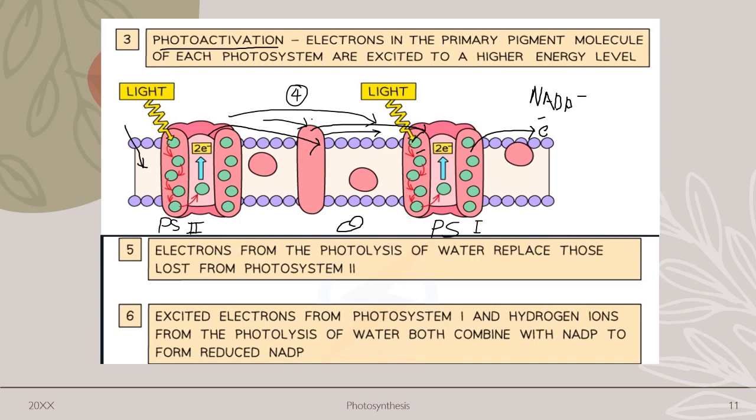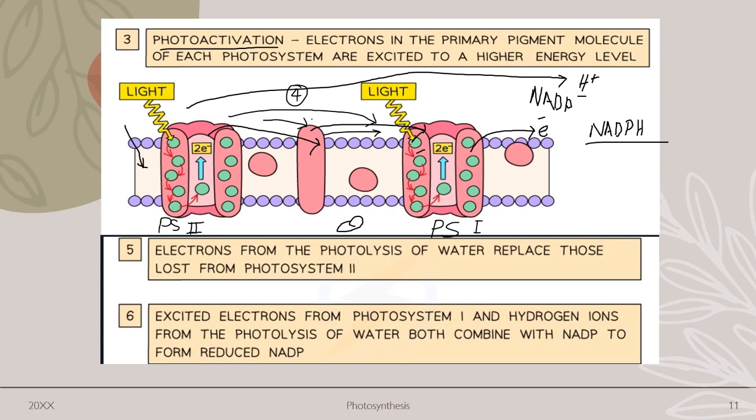The hydrogen is also being released from photolysis, so hydrogen is coming here. Now these three combine: the hydrogen, the NADP, and the electron. When these three combine, NADPH is formed. So this way NADPH, or reduced NADP, is formed. This is the final product.